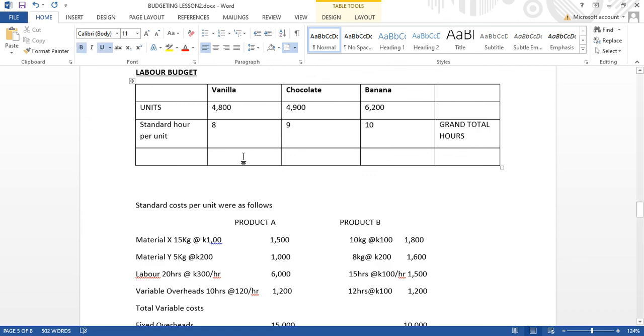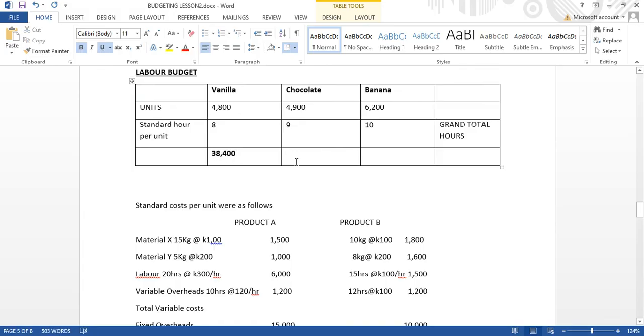Right. So when we say 4,800 times 8, we need to know how many hours in total. We need 38,400 hours to produce these 4,800 units of vanilla.